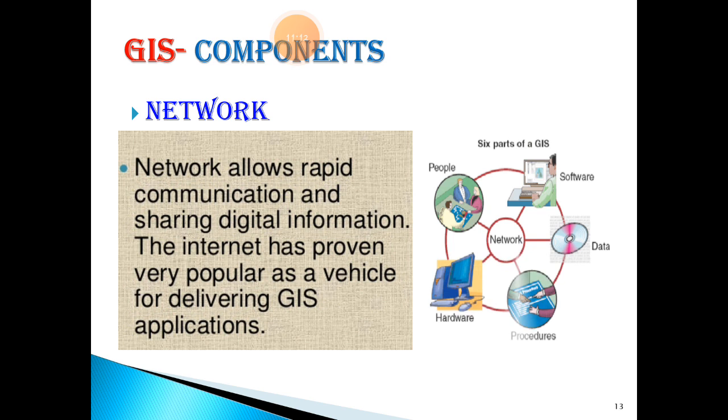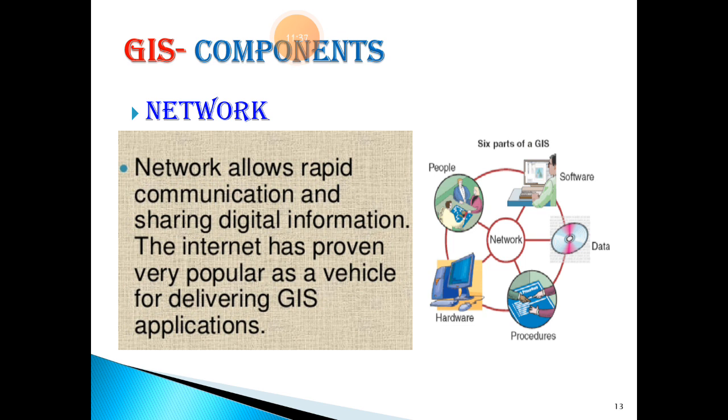Students, to summarize the components of GIS, first one is hardware, that includes physical parts of GIS. Second one is software, that includes various GIS programs of operation. Third is data, which is geographical data collected. Fourth is the method or procedure wherein the raw data is converted into understandable information.